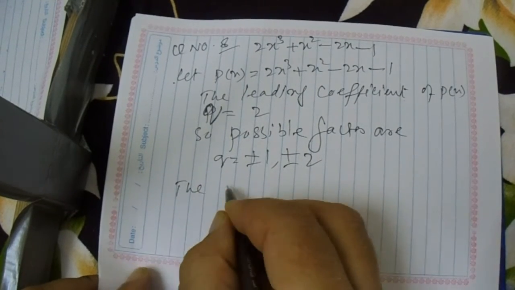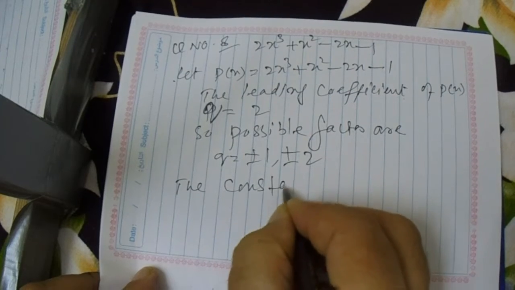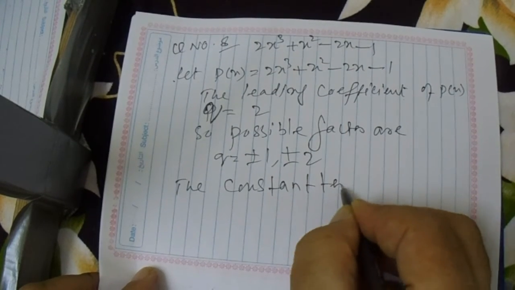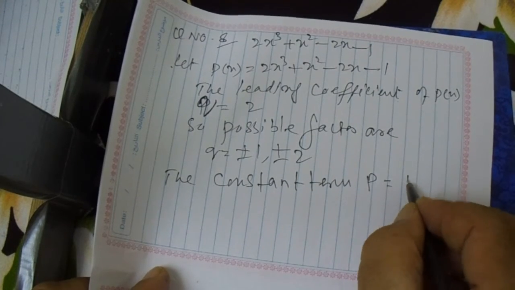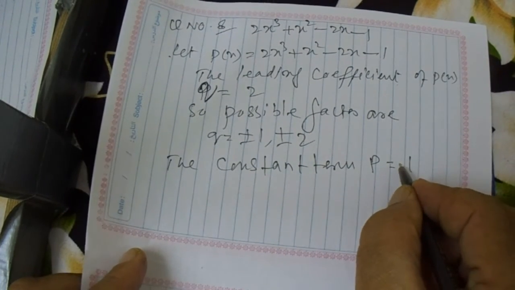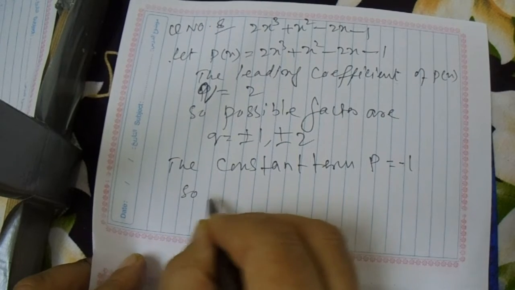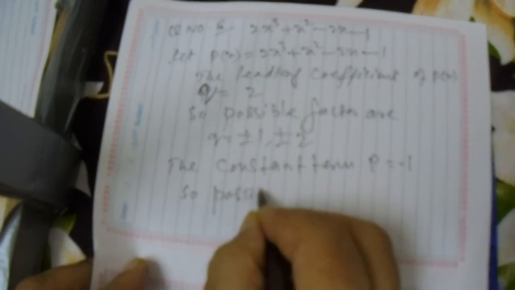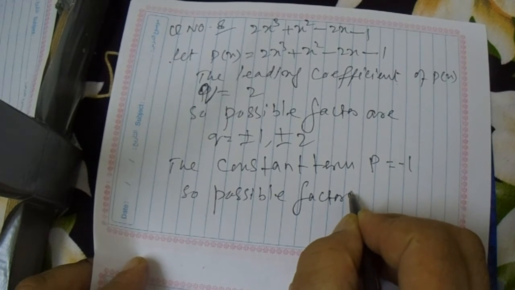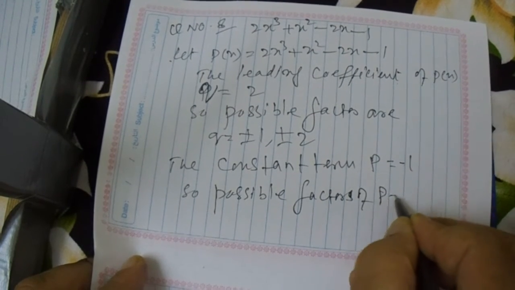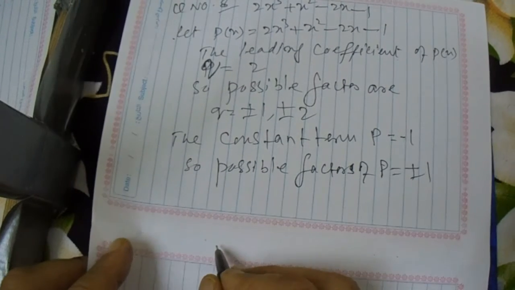The constant term p is −1, so the possible factors of p are ±1.